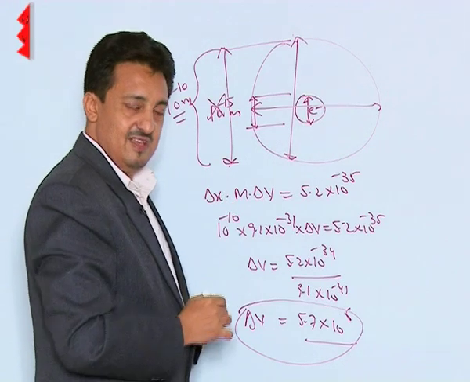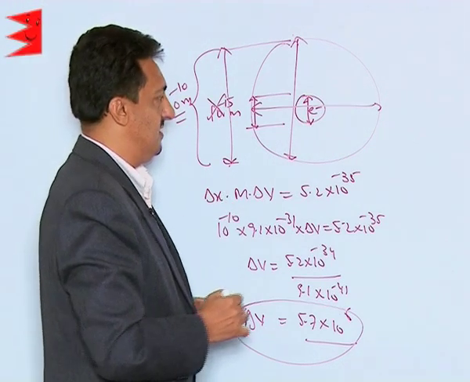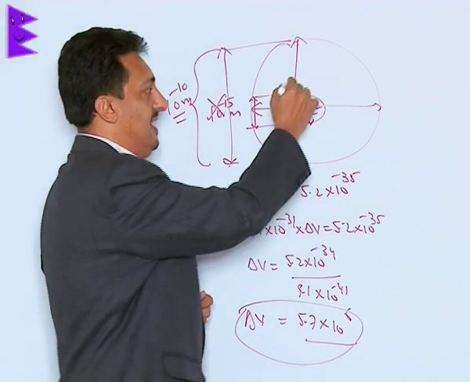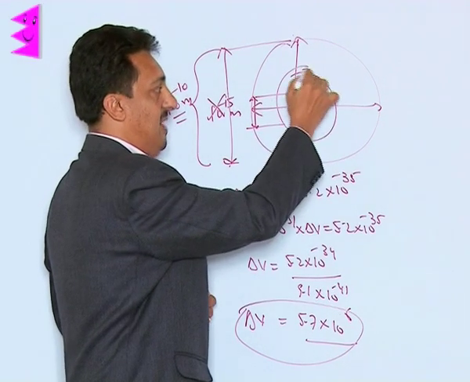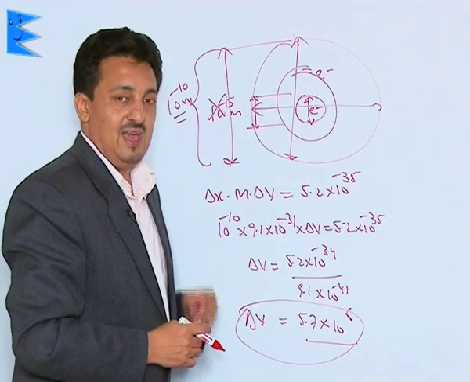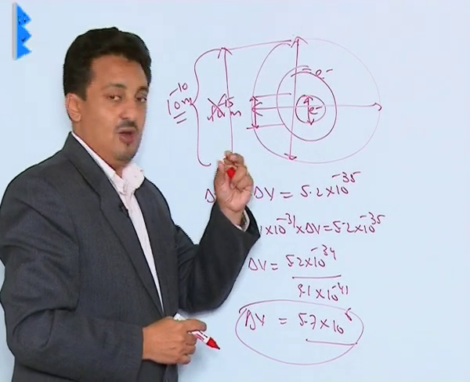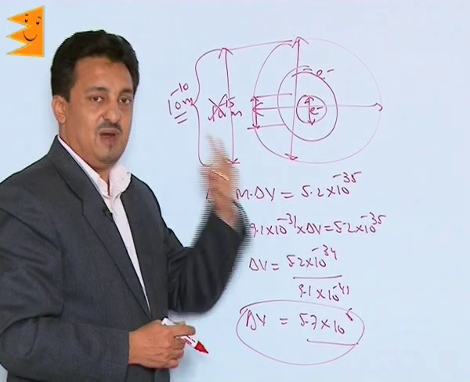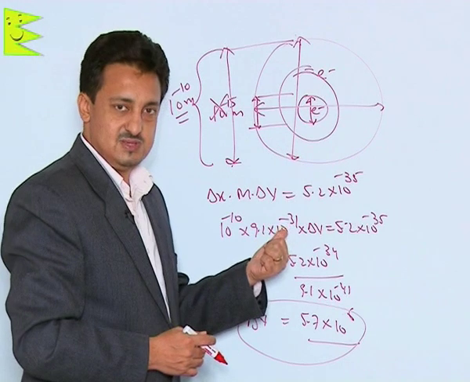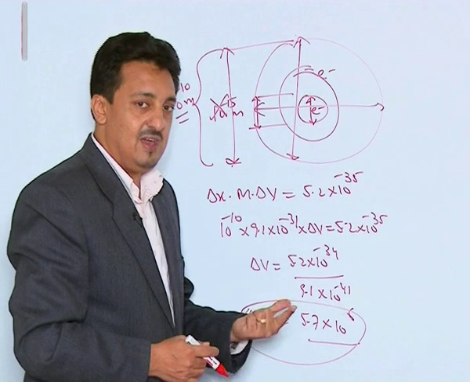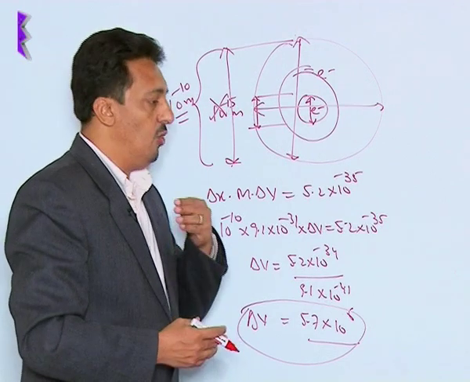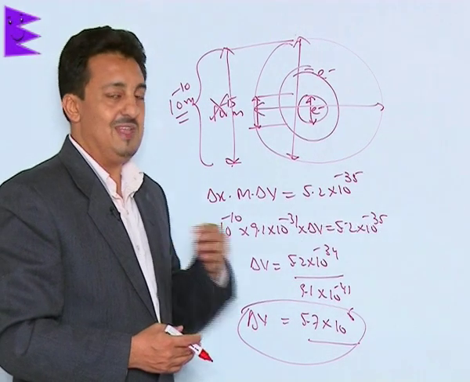And because of this, all the previous concepts, like the one given by Bohr, that electron can exist around the nucleus in circular paths which are called orbits, are proved to be wrong. We cannot have an electron moving always in a predetermined fixed path. It can exist anywhere, because that is what the uncertainty principle is. And once it can exist anywhere, we don't have any fixed paths. So that is why the whole of the previous concepts were completely changed.